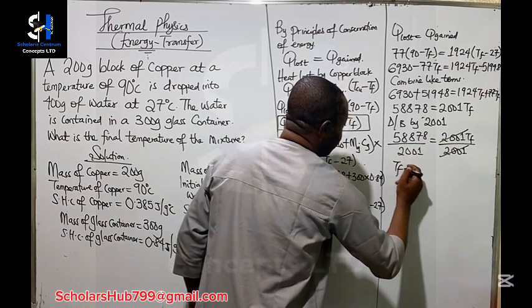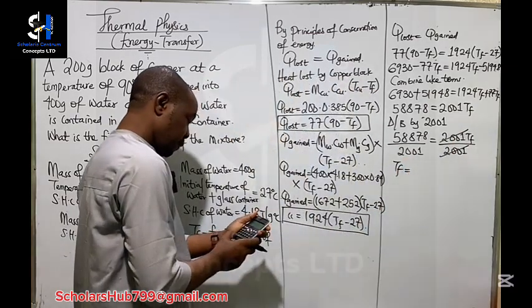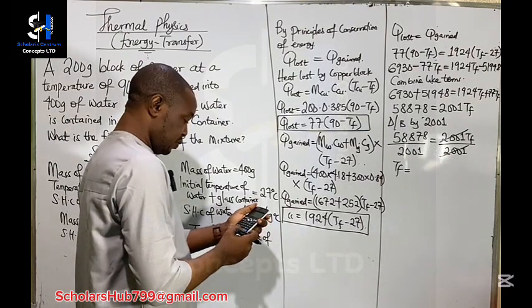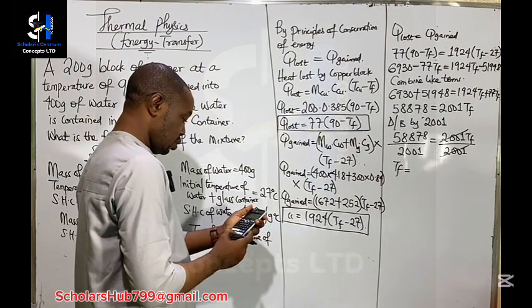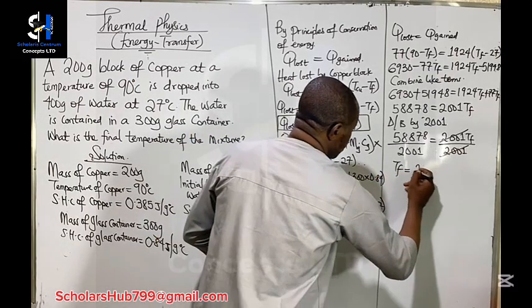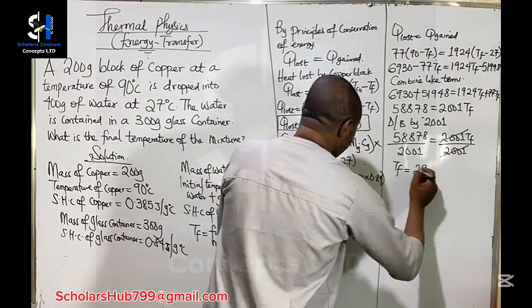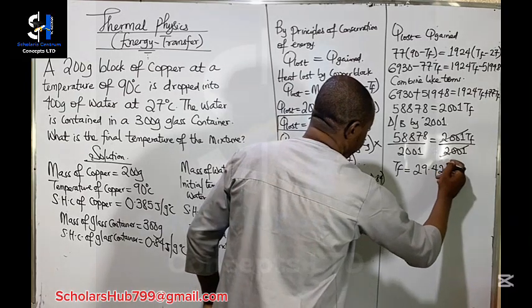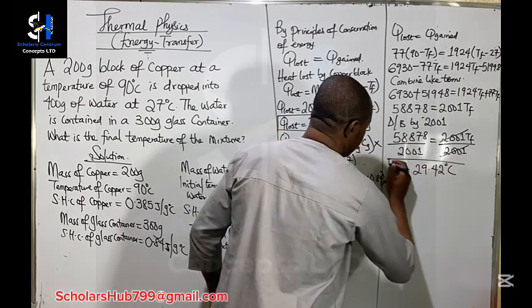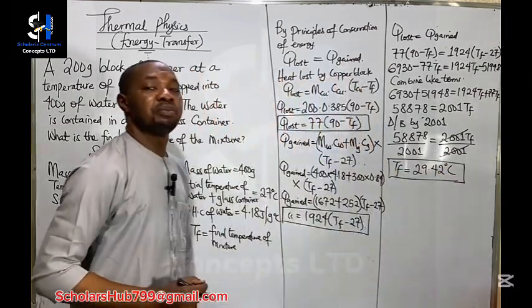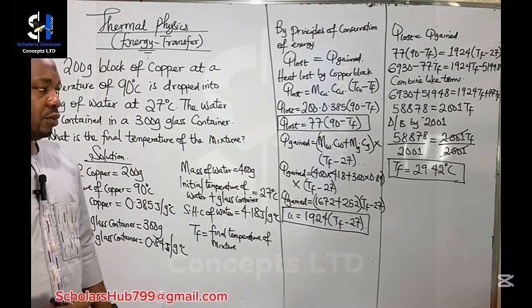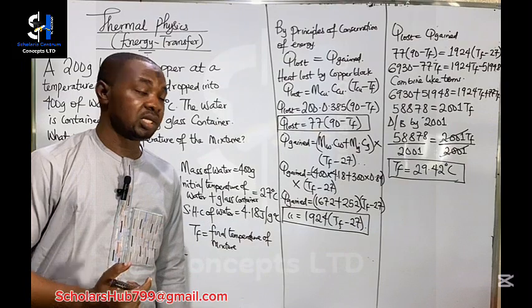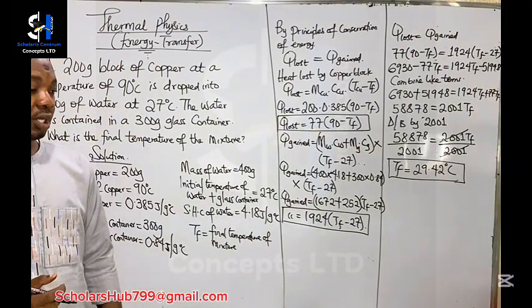So TF will be equal to 58878 divided by 2001, and that will be 29.42 degrees Celsius. This is the final temperature of the mixture, which is the same as the equilibrium temperature.